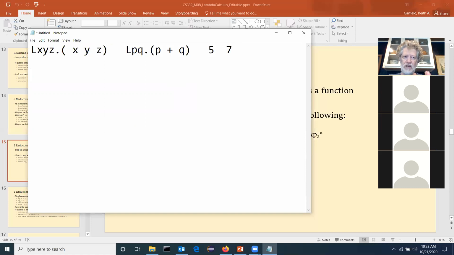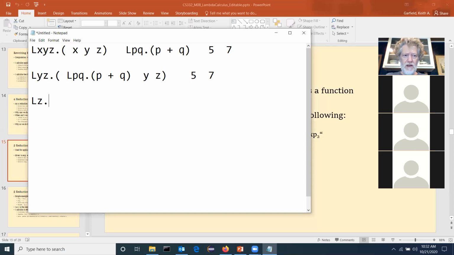I work from the outside in or from the left to the right. So I get rid of the x. I replace the x with whatever that expression is. And then I'm going to apply that to a 5 and a 7. And then I'm going to do the same trick for the y.